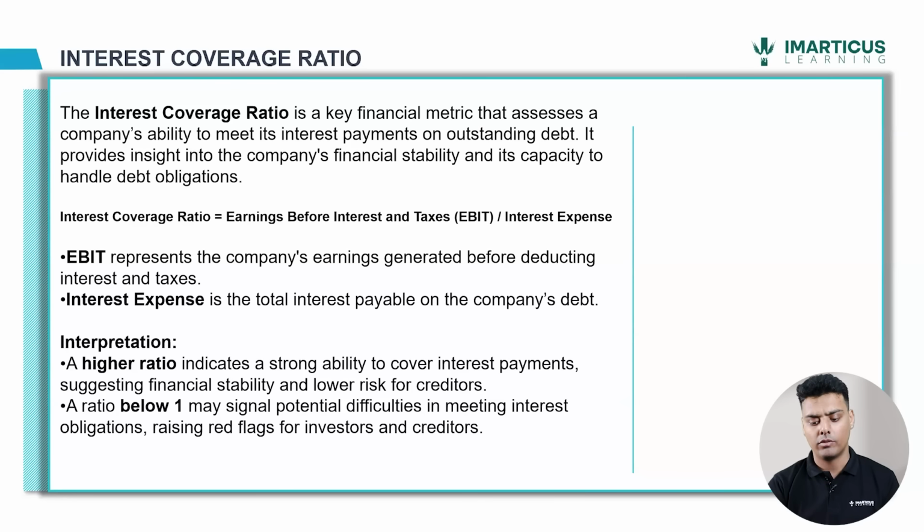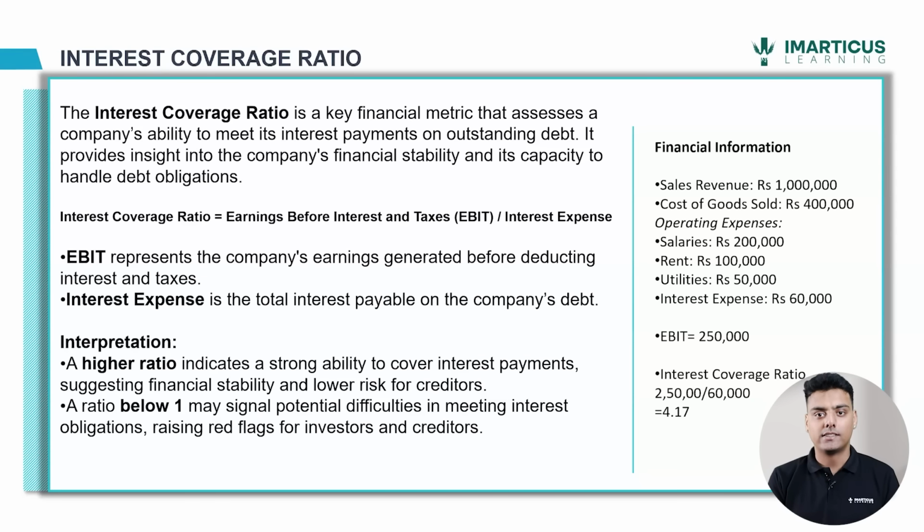Let's look at it through a question. If I assume a company has sales of 1 million and the cost of goods sold is 400,000, that means the gross profit is roughly 600,000. Now, after all my operating expenses, like salaries, rent and utilities, my earnings before interest and tax, or EBIT, is 250,000.